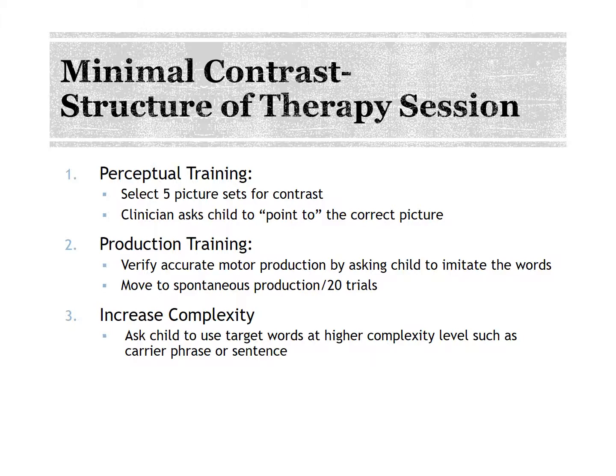Now during this time, like I said earlier, you could play some sort of a game if you wanted in order to get those discrete trials. And lastly, we want to increase the complexity by using those carrier sentences.